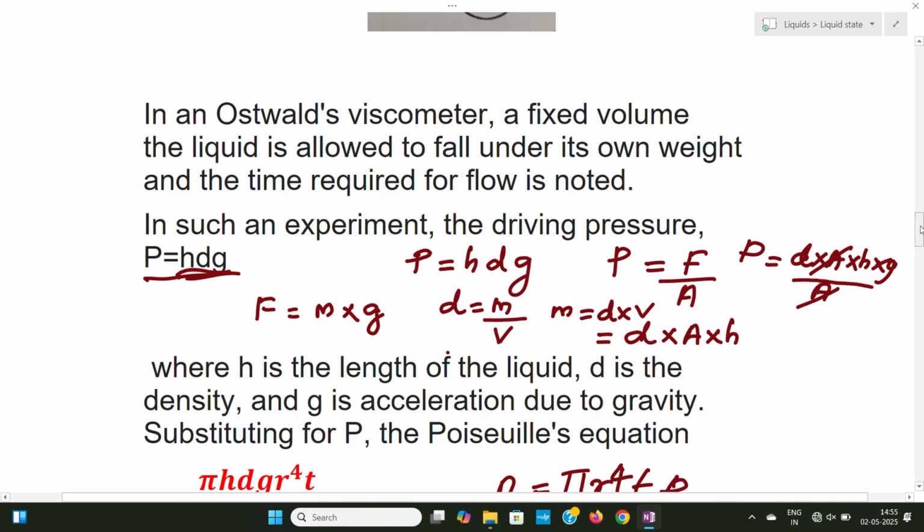And here to find out the pressure, we use the equation P is equal to F by A, where F is equal to mass into acceleration due to gravity, and density is mass by volume. Finally, we get mass as d into A into h. Therefore, if we substitute all this in the place of F here, d into A into h into g divided by A, we will get P is equal to h d g.